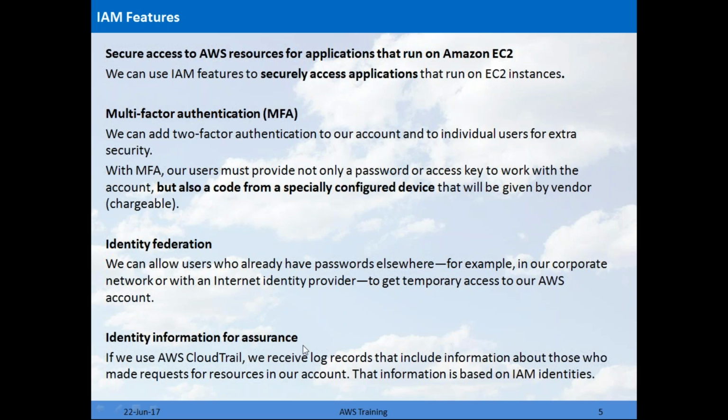Identity information for assurance is like this: if we use AWS CloudTrail, we receive log records that include information about those who made requests in our account. That information is based on IAM identities. By means of IAM, we will be creating users, groups and roles, so if you do anything, it captures. CloudTrail is a service which logs the information which you have opted for.